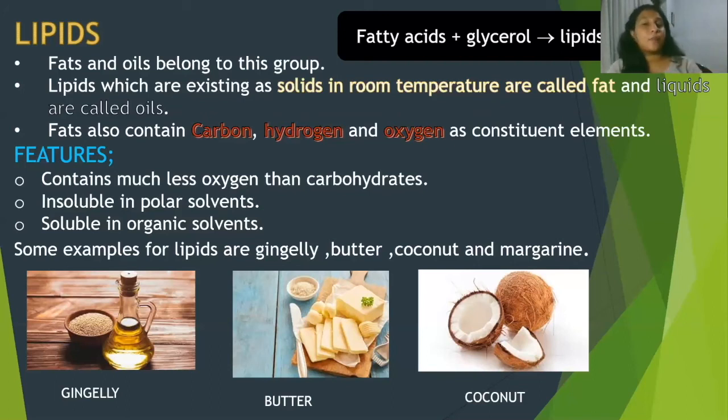Water is a polar solvent, so oil never dissolves in water. That's why it's called insoluble in polar solvents and soluble in organic solvents. Some examples for lipids are gingelly oil, butter, coconut, and margarine. I have given you some pictures of gingelly oil, butter, and coconut.